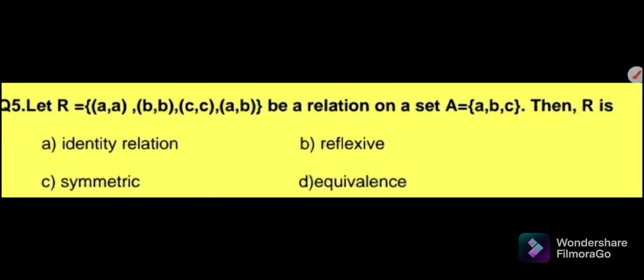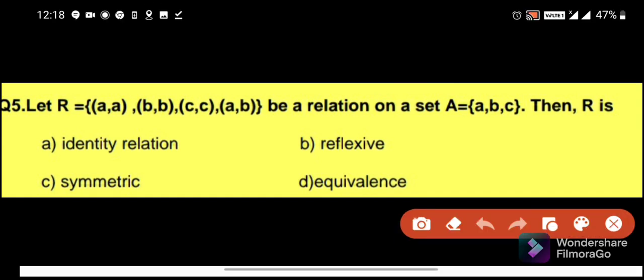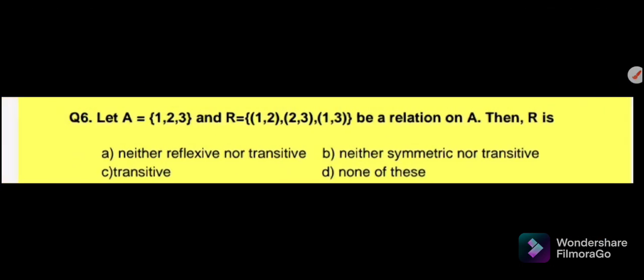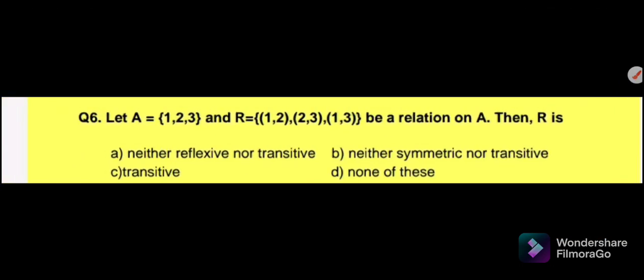Next question. Let R = {(a,a), (b,b), (c,c), (a,b)} be a relation on the set A = {a, b, c}. Then R is a reflexive relation. Next question.